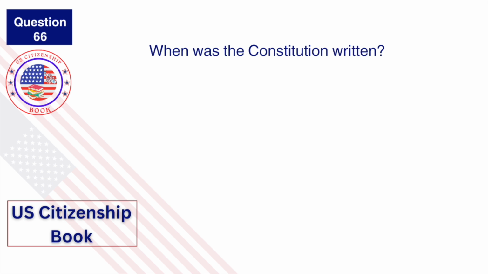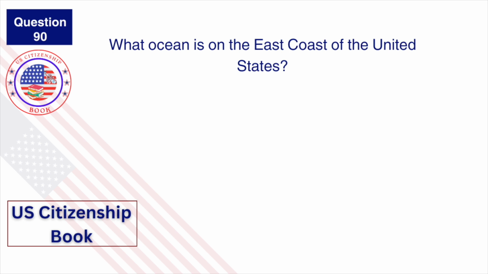When was the Constitution written? 1787. What ocean is on the east coast of the United States? Atlantic Ocean.